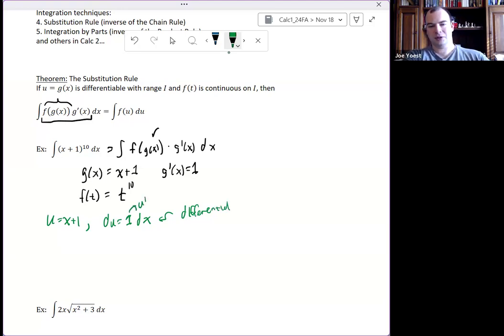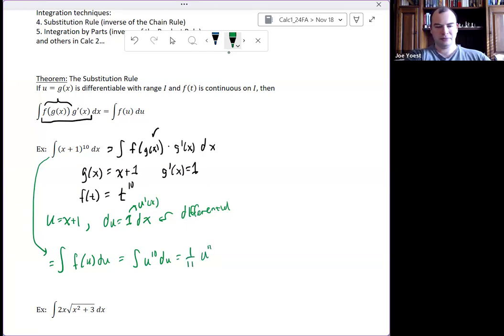So du equals u prime of x dx. And my integral then is going to equal the integral of f of u du, or the integral of u to the 10th du. Well, this is 1/11th u to the 11th power plus C.